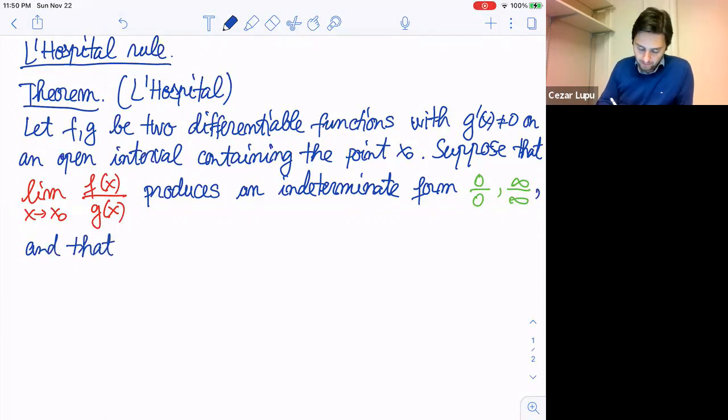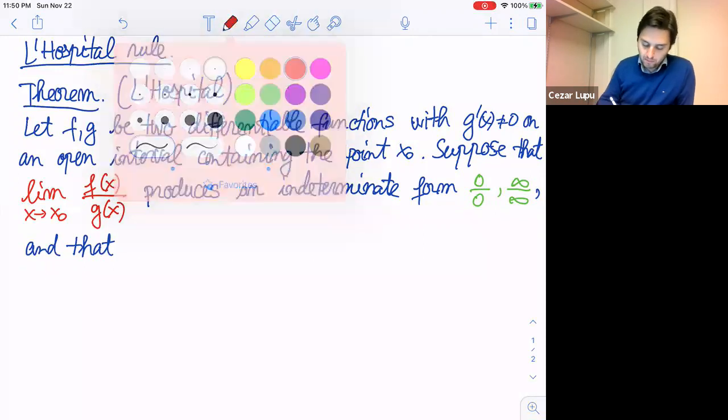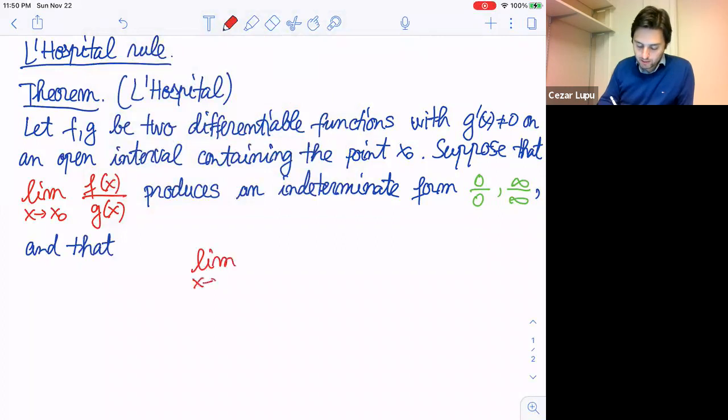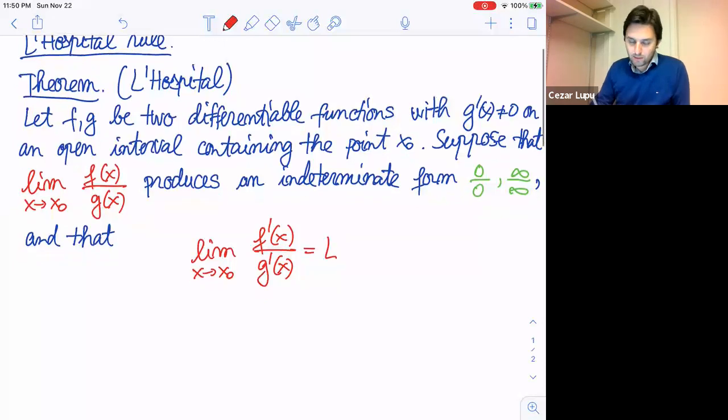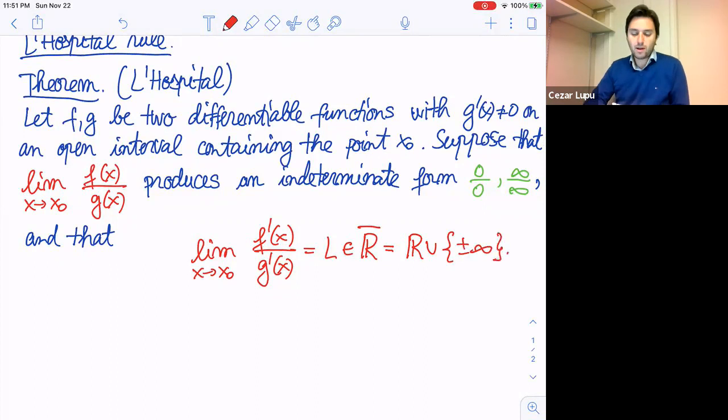Suppose that the limit as x approaches x naught of f prime of x over g prime of x is L, where L is a finite number, or it can be plus or minus infinity. So we'll say that L belongs to R bar, which is just R, and we will also include these two values, positive and negative infinity.